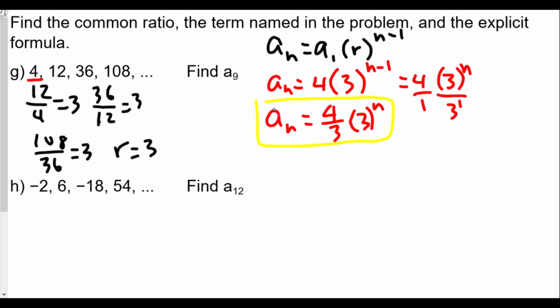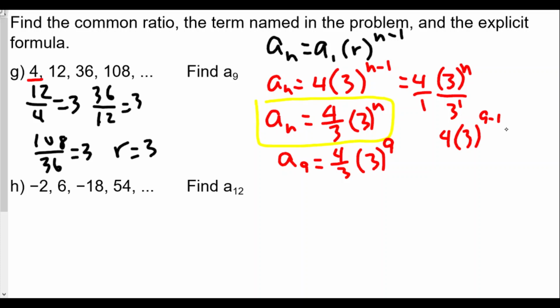Now we're going to calculate a9, and we'll break out a calculator. So a9 is equal to 4/3 times 3 to the 9th power. You could also have done 4 times 3 raised to the 9 minus 1 power. It's the same thing.